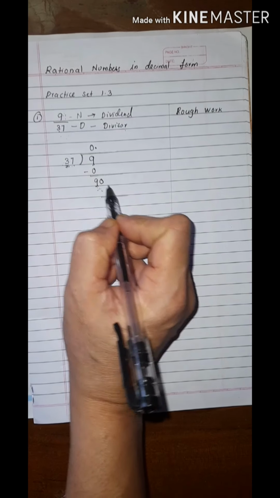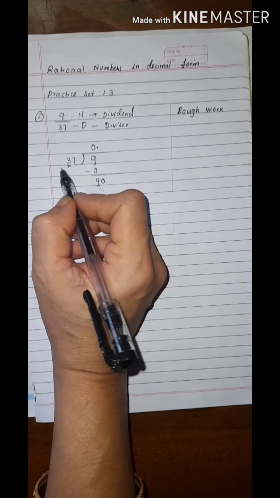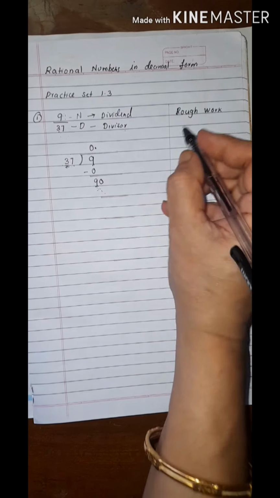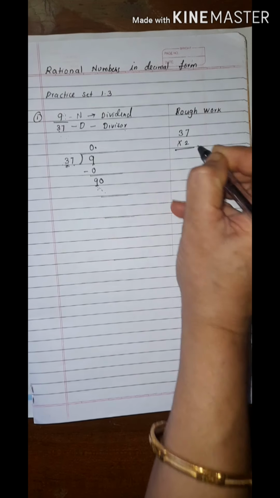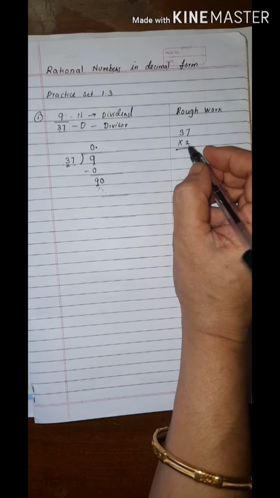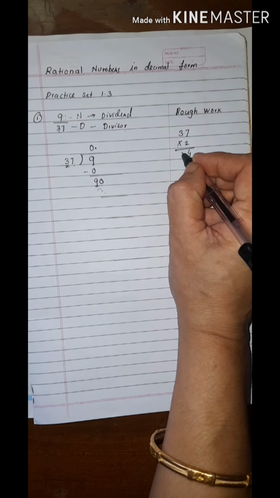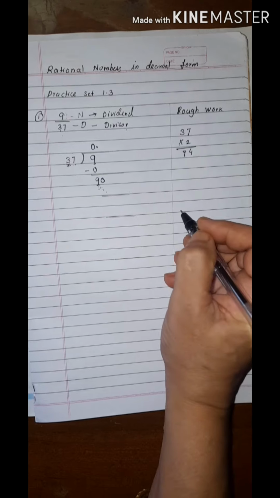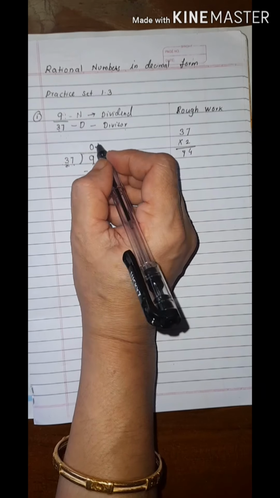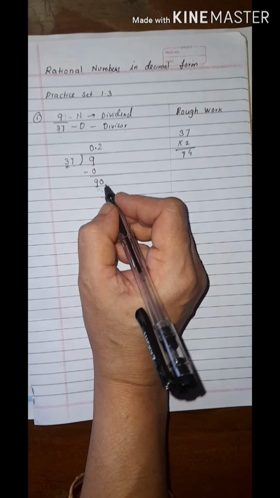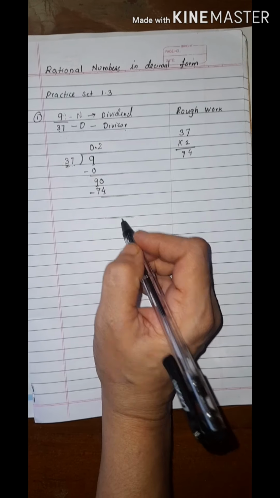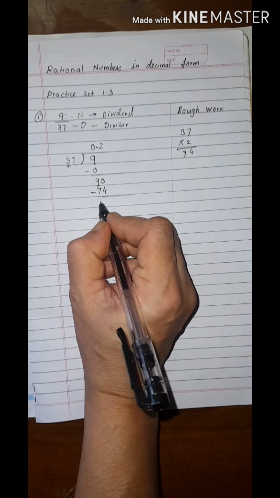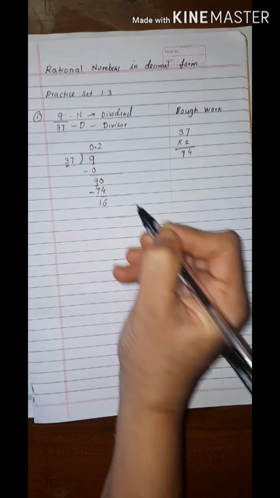So I will not take 37 3s, I will take the number before it, 37 into 2, 37 2 times. 7 2s are 14, 3 2s are 6 and 1, so 37 2s are 74. Let us subtract this. After subtracting you get the answer as 16.